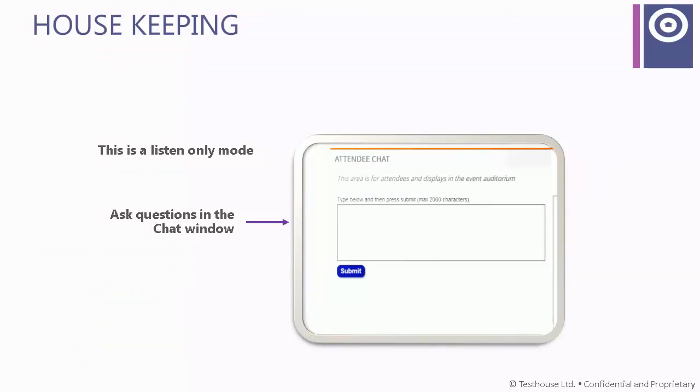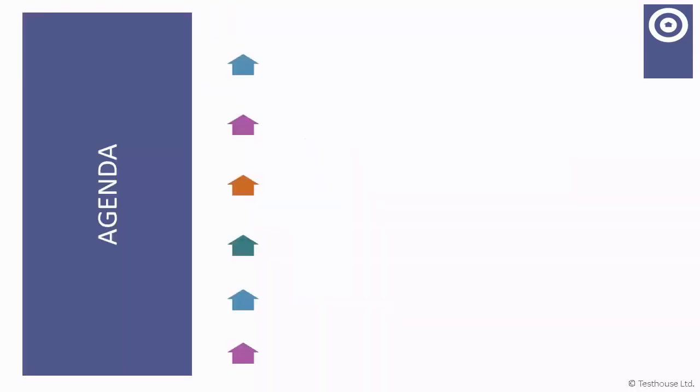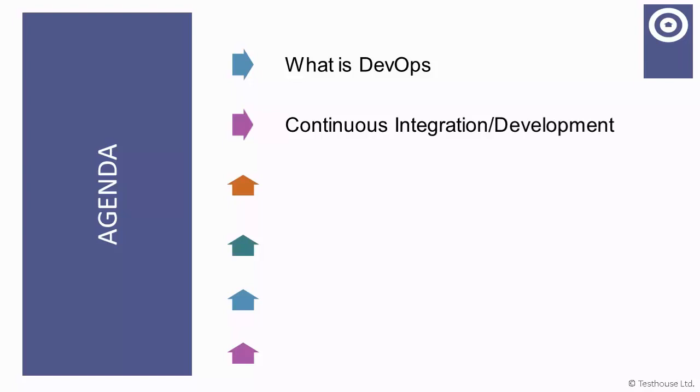I'll quickly go through the agenda for today. It's listen-only mode, so if you want to type your questions, please do it on your attendee chat as shown on your screen now. For today, we'll be looking at what is DevOps as the first topic of our agenda. The next one would be continuous delivery and integration and our Test House initiative.